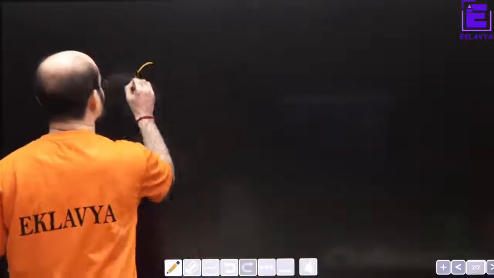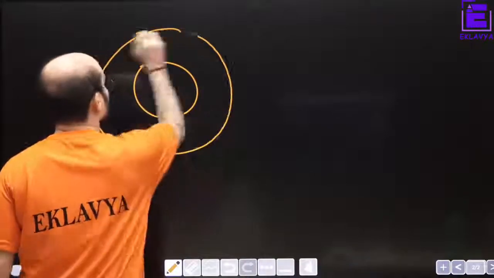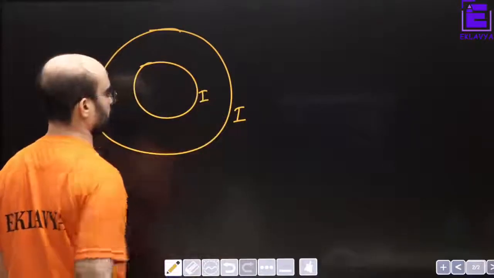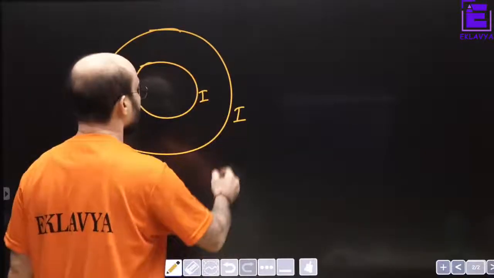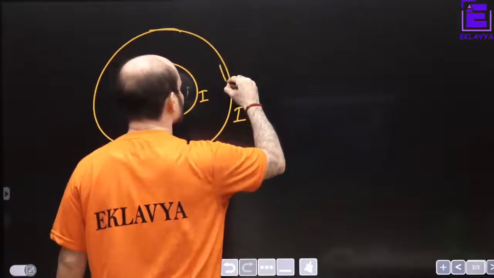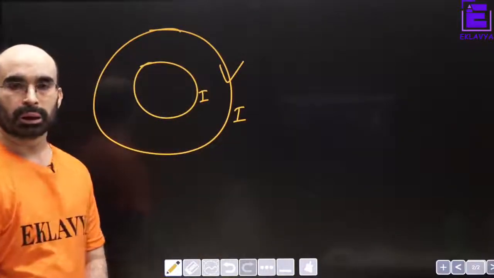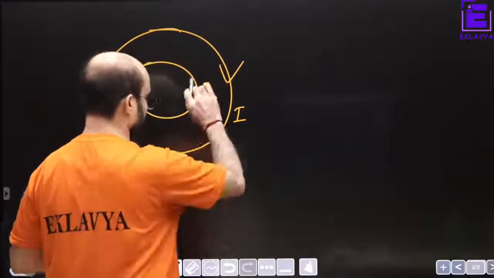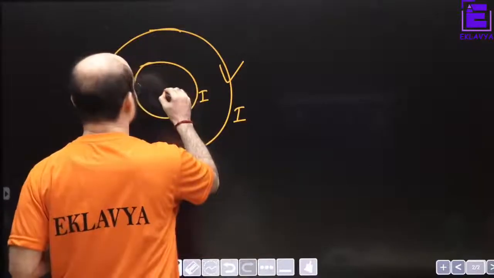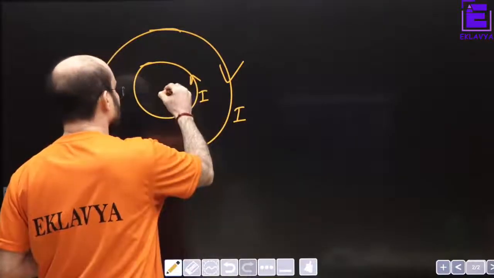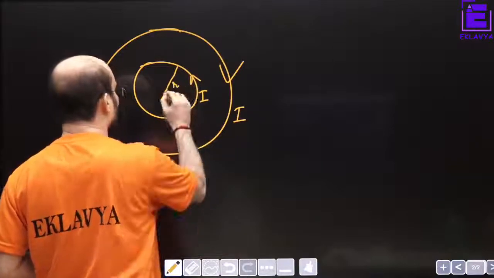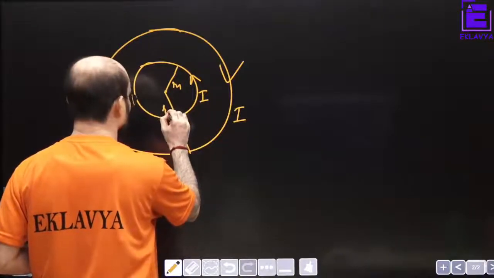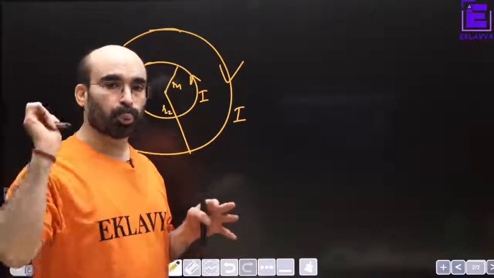You have one circle, you have another circle. In this, current I is flowing. In this also current I is flowing. But one thing is, the direction of current in this circular conductor is clockwise, and in this it is anti-clockwise. The radius of the two is R1 and R2.